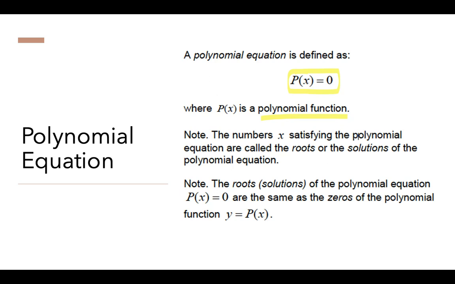And when we're solving the equation, we're pretty much solving for roots. Another word for roots could mean a solution, or it means zeros. That is the x-intercepts. So we're looking at when y is 0, so that x is equal to a number.